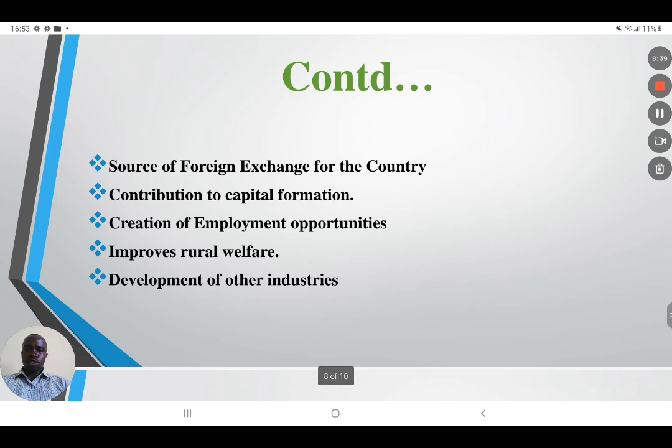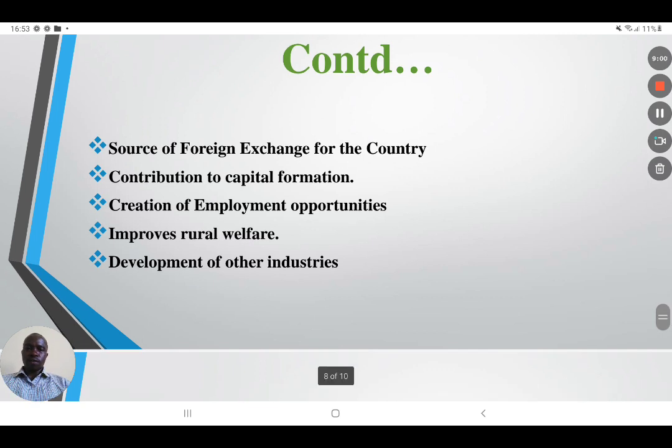It also leads to creation of employment opportunities, and this is through getting jobs as farm managers, those who work in processing industries, textile industries, and those who directly or indirectly benefit from agriculture in terms of revenue generation.